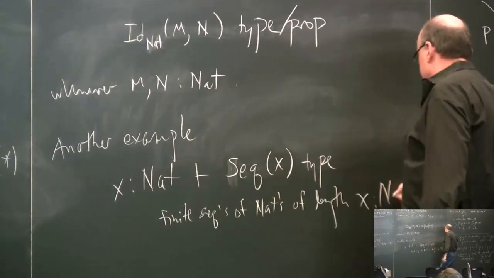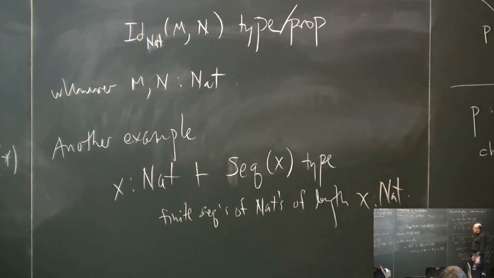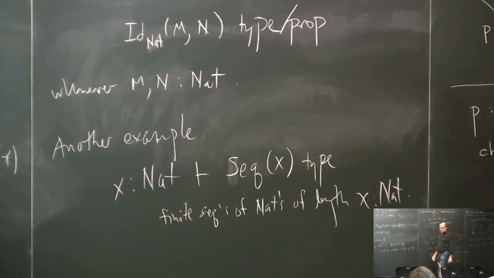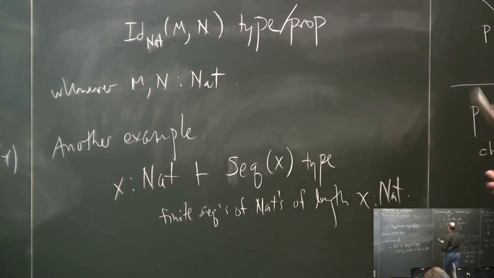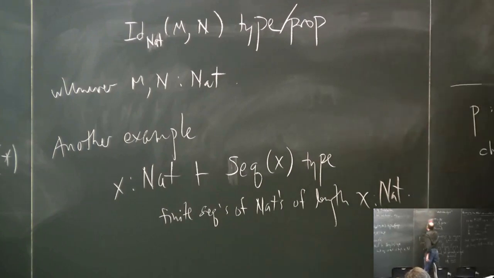In other words, associated to each natural number is a type of sequences of natural numbers of that length. That is another example that comes up a lot, like in programming languages.